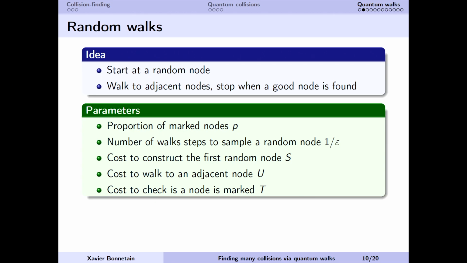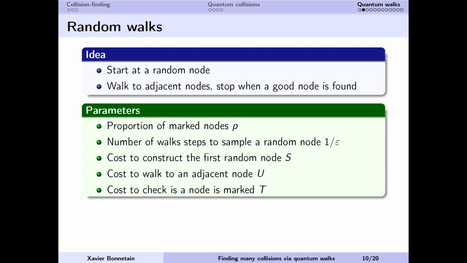In terms of complexity, we also have essentially three things we can do. First, we need to construct the first node to begin our walk, so this is cost S. Then we have a cost to walk, that we assume is efficient, and a cost to test whether or not a node is marked.